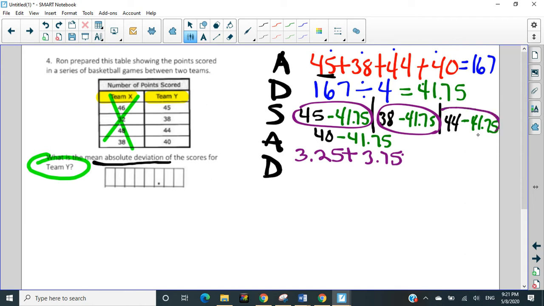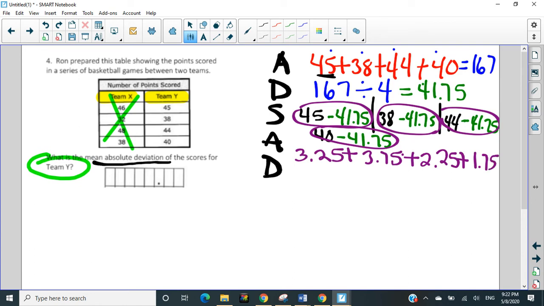Then 44 minus 41.75, it's going to give me 2.25. Then the last one is going to be 1.75.